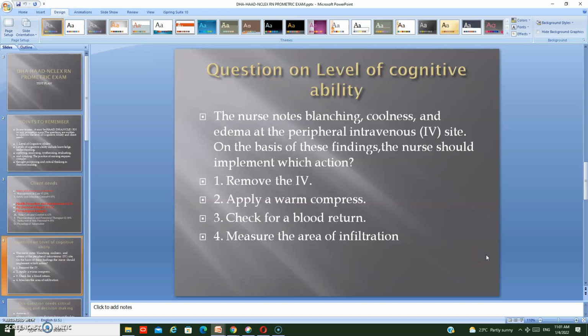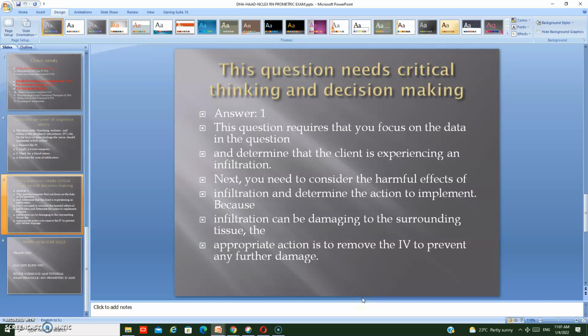You are going to decide what to do first. Are you going to continue the IV fluid or IV medication after noticing all these symptoms? Are you going to apply a warm compress? The answer is 1. You will remove the IV cannula.